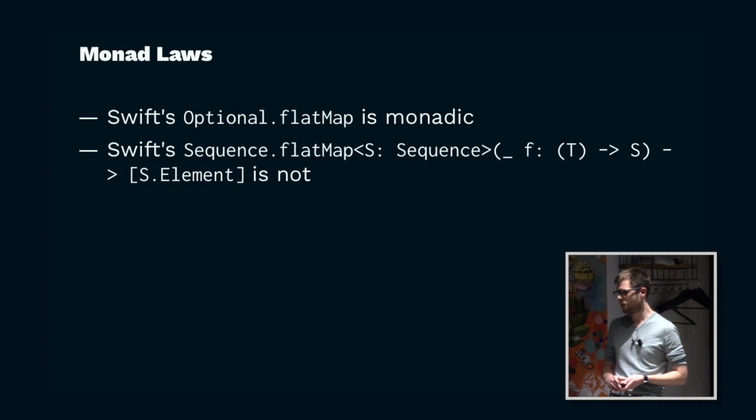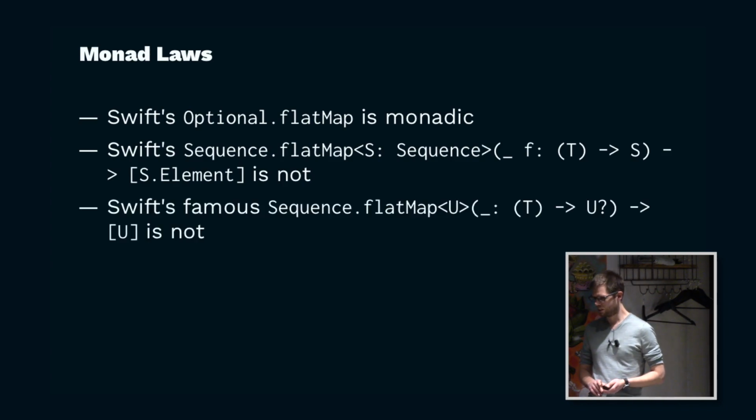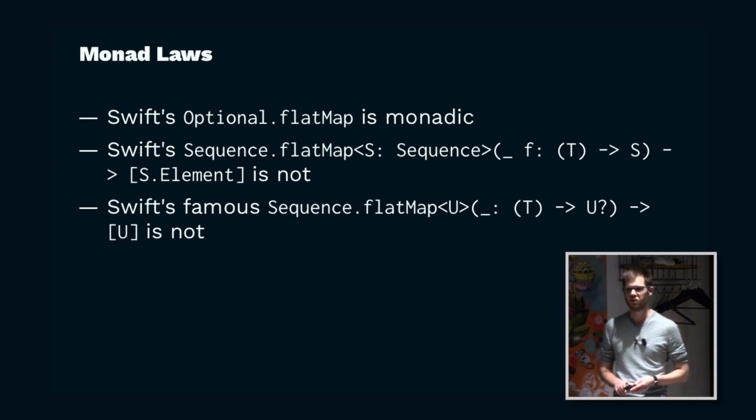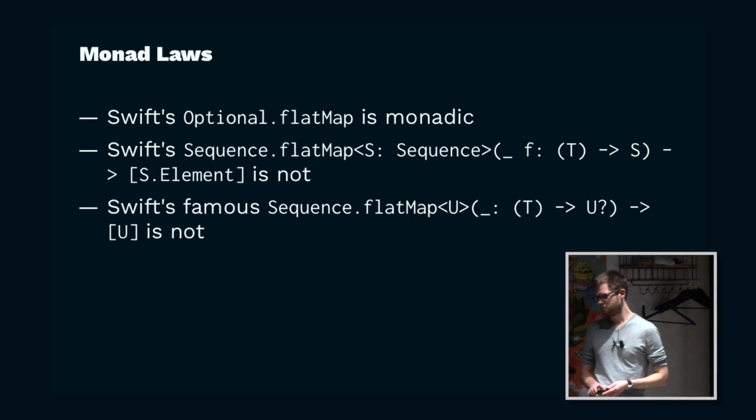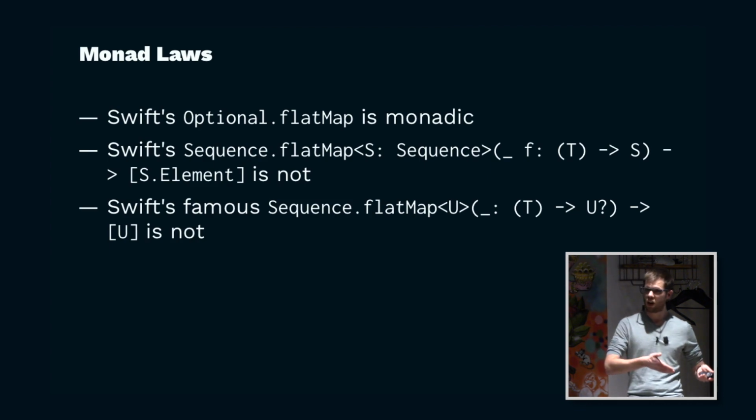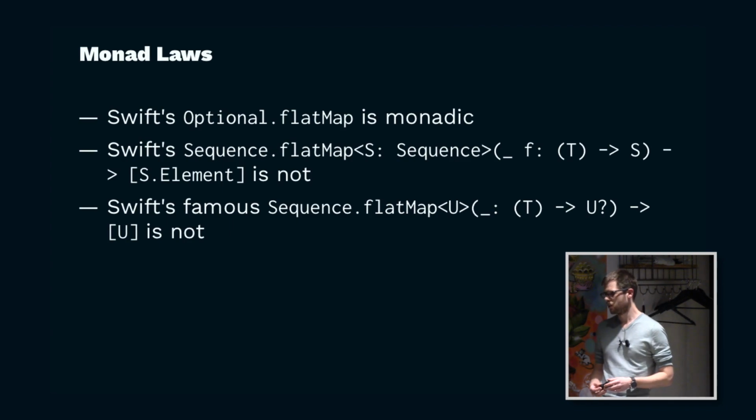I don't think it's a big problem, but it's definitely something that more functionally pure people will get upset about, probably. And then there's also the famous one. There was just a lot of bike shedding on the Swift evolution list, or I guess it's a forum now. This is the one that when you give an array of optionals, it will return an array without optionals, which is not monadic because it changes the length of the array. It will actually remove elements from it.